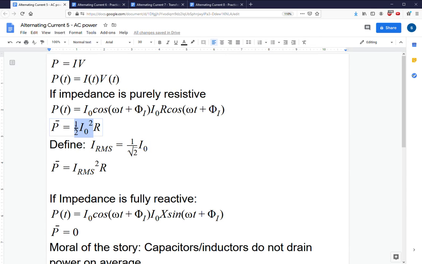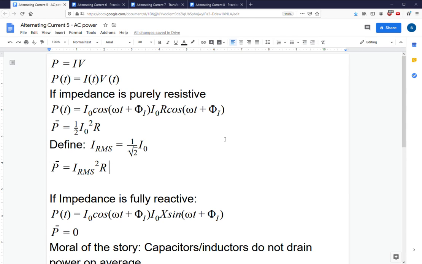So from this, we can see that the RMS current is 1 over the square root of 2 times the peak current. And writing it like that, we can say that the average power is equal to I RMS squared times resistance.